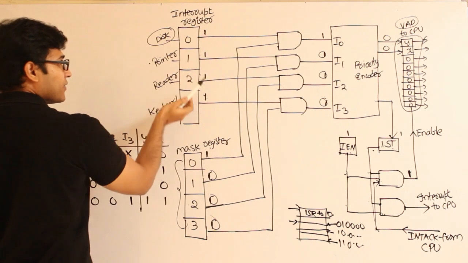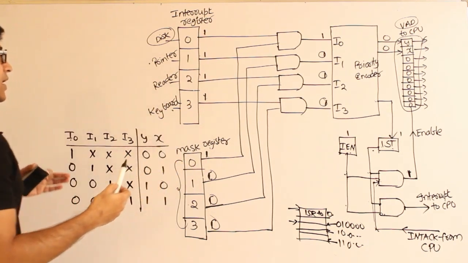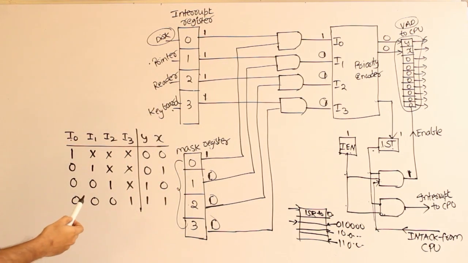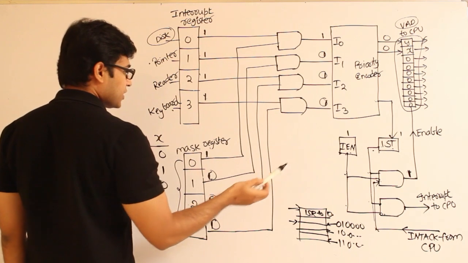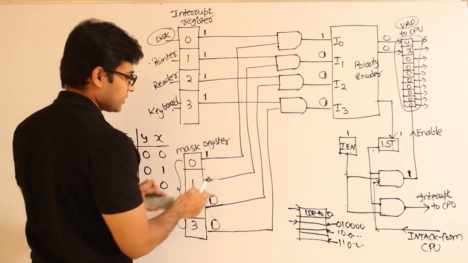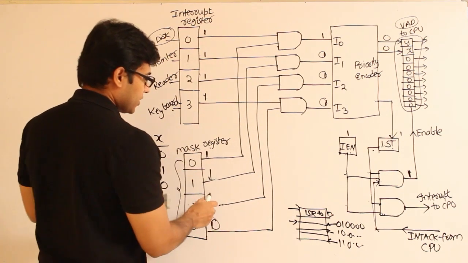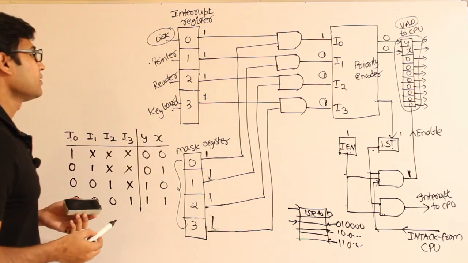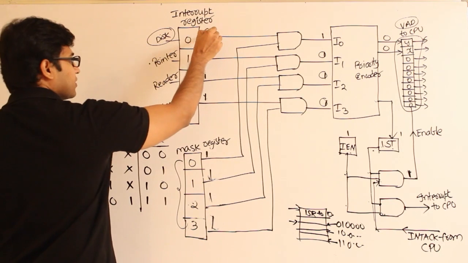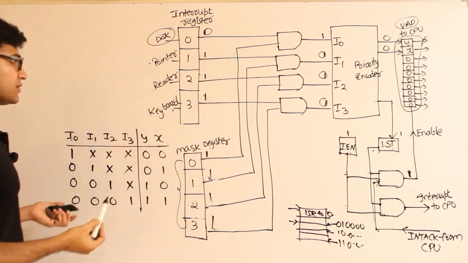A lower priority device can never interrupt a higher priority device while it is getting serviced, right? Then after the interrupt service routine is over, in the last step it will enable everything again, 1 1 1. Got it?